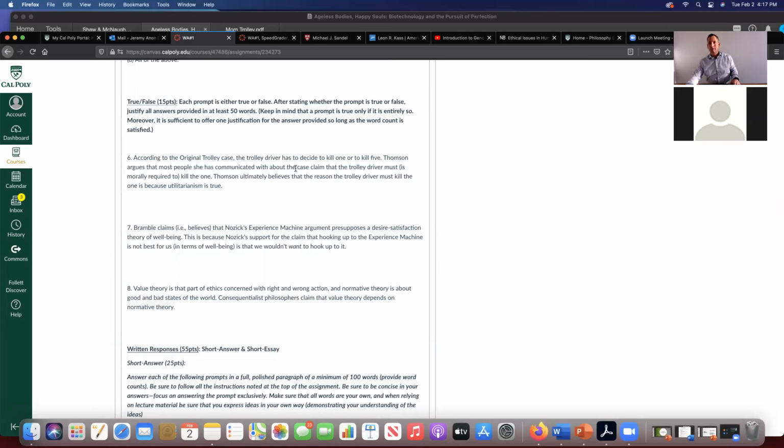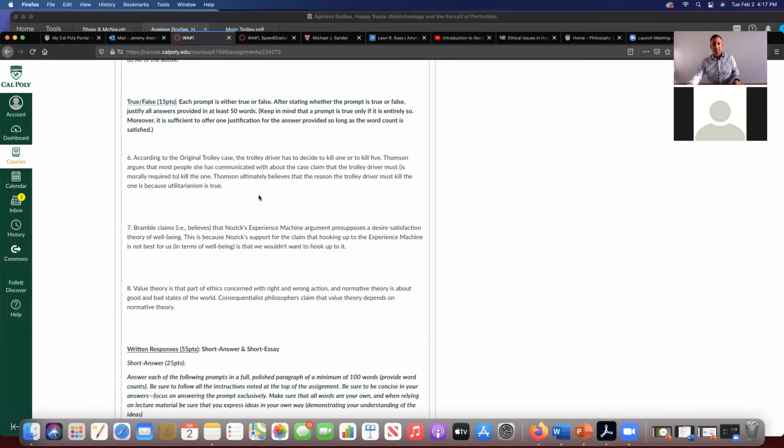So Thompson says early on in her paper that most people she's communicated with about the case claim that the trolley driver may, in terms of it being morally permissible, kill the 1, and then others say that it's also morally required to do so. But that's the reason why that second sentence is faulty. And then the third sentence is problematic because Thompson rejects utilitarianism.